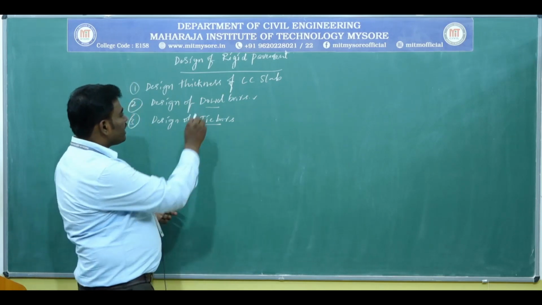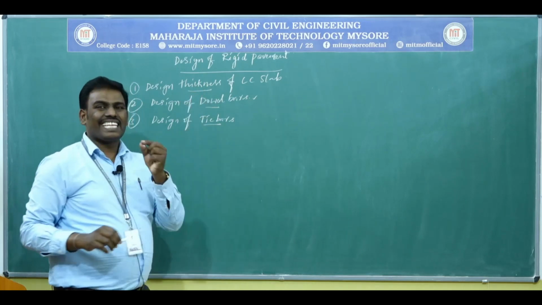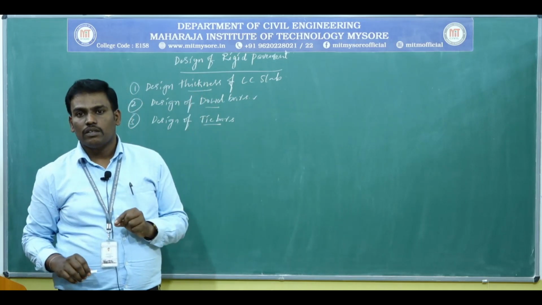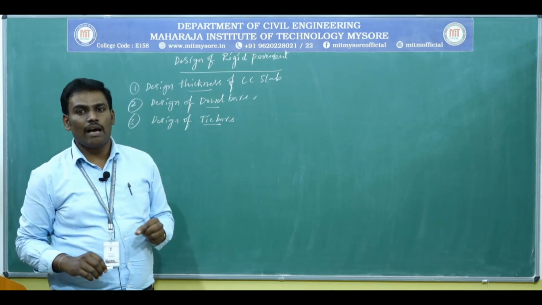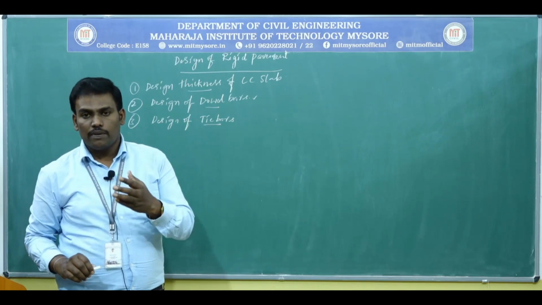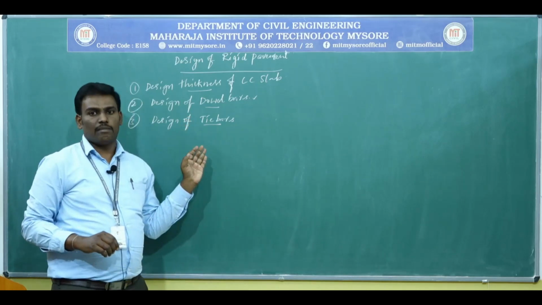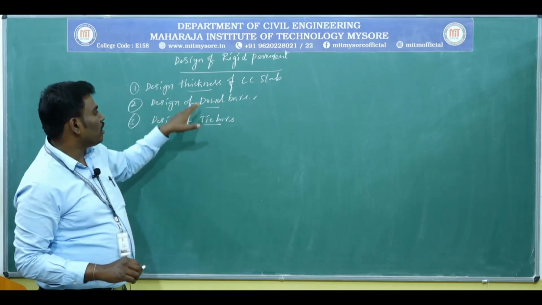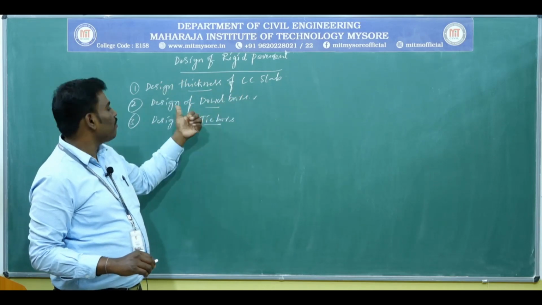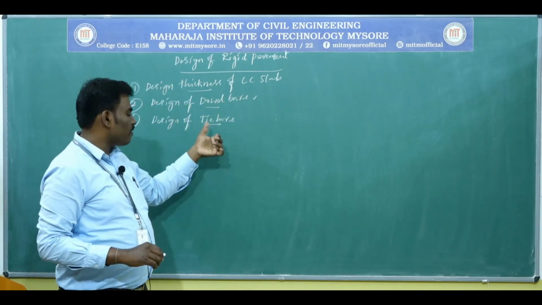The design thickness means what is the thickness of CC slab; the thickness of CC slab we are going to design. In your semester end examination, they may ask the numericals on design of thickness of CC slab, design of dowel bars, and design of tie bars.